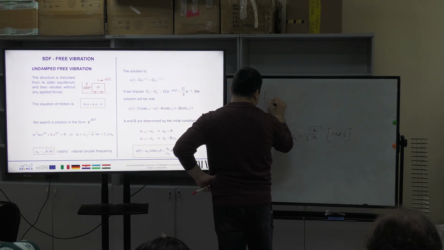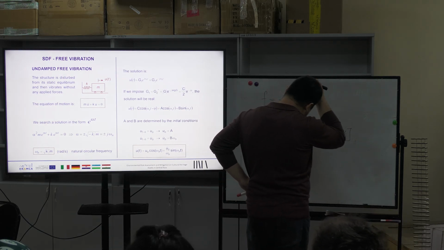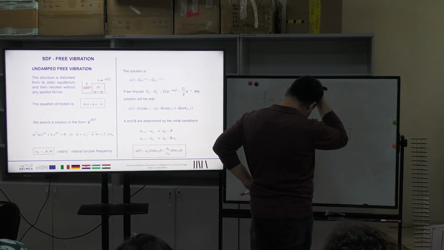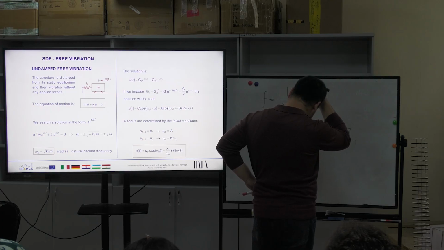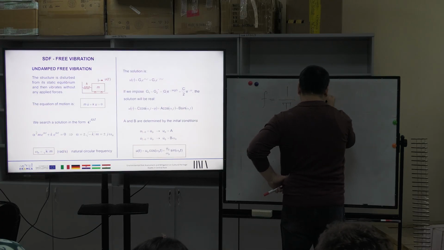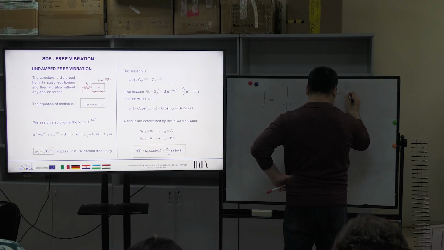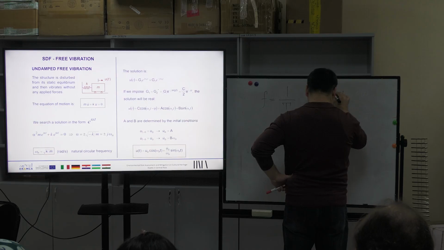F is equal to 1 over T. And also the frequency f is equal to omega n over 2 pi.